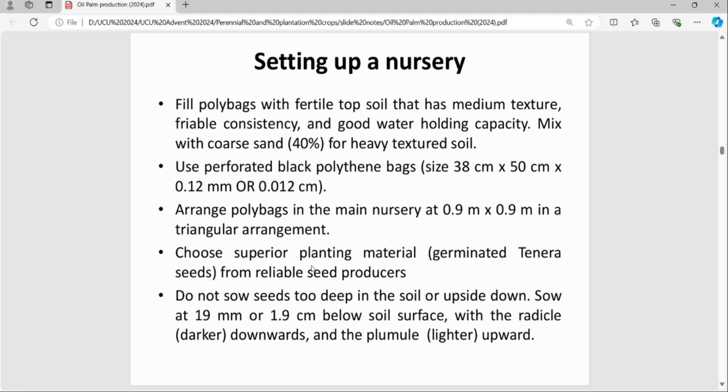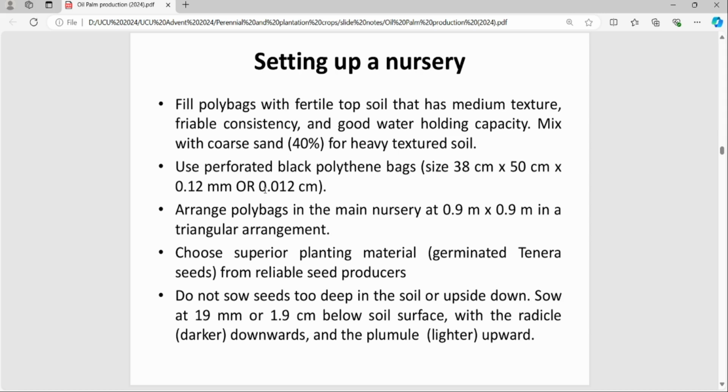And the polybags should at least be 38 centimeters wide and 50 centimeters in terms of the height. And then the gauge or the thickness of the polybag should be at least 0.012 centimeters or 0.12 millimeters.